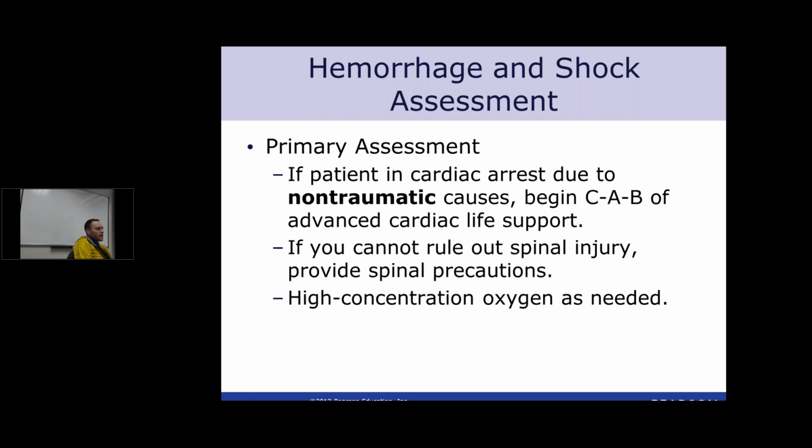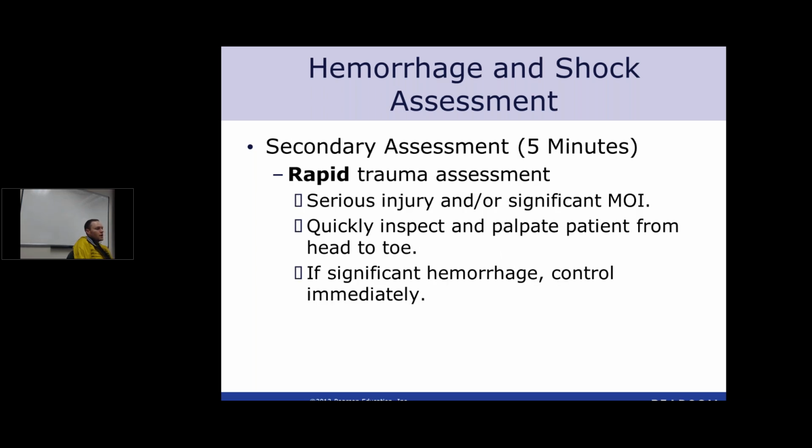So you rule out the spinal injury, high concentration oxygen, and then you've got the rapid trauma assessment that takes about 5 minutes, sometimes faster. You know the mechanism of injury, you can quickly inspect what needs to be looked at from head to toe, and then you can control any bleeding if you have significant hemorrhage.